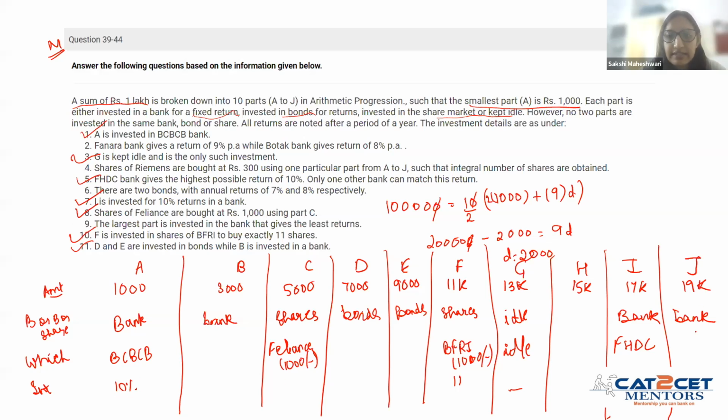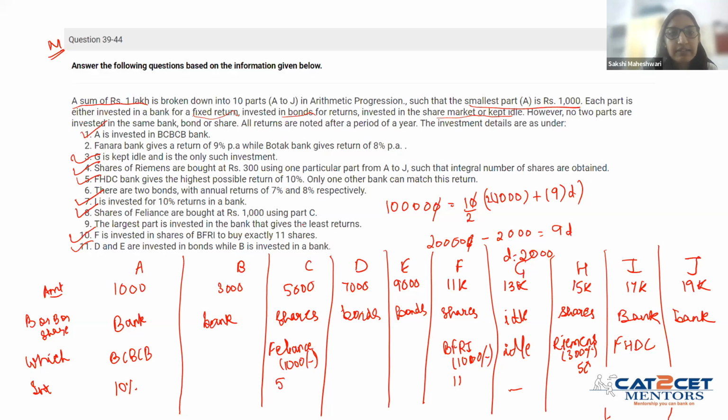And so I think the other thing we have left is this. Shares of Remans are bought at rupees 300 using one particular part such that there is an integral number of shares. So I think this is the only one left for Remans. This is 300 each. So how many shares will this be? 50 shares. Now we have covered this point.